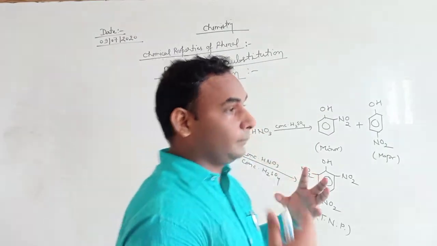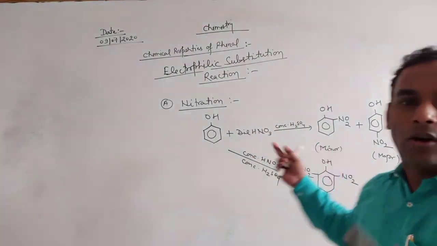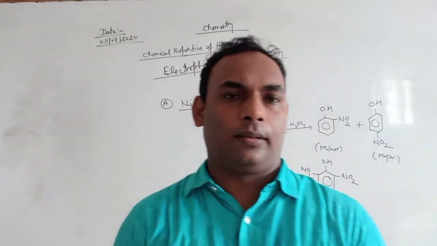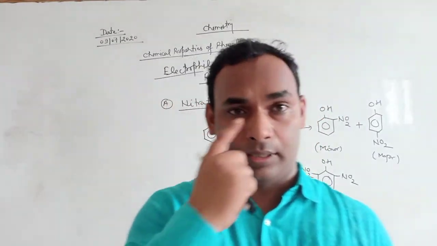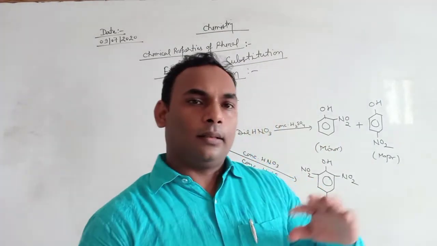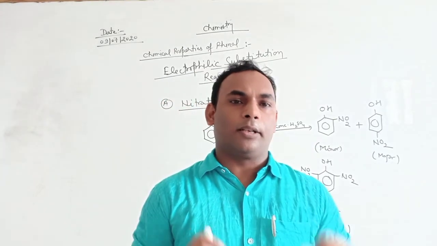Distillation means separation of the components. Ortho and para components are separated by steam distillation. Okay, this is a very important question. How are these isomers separated? So the answer is by steam distillation.